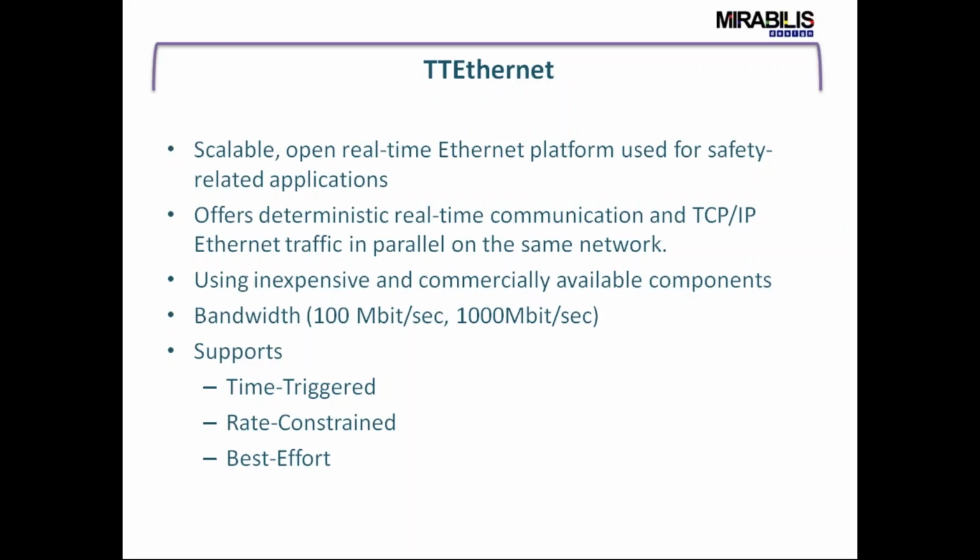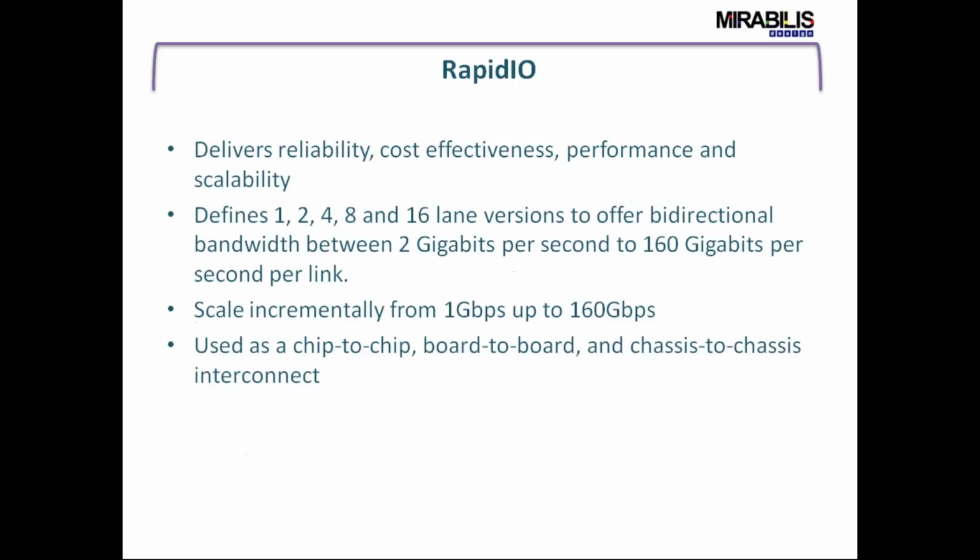But if you look at RapidIO, RapidIO offers reliability and cost effectiveness, and it provides extremely high bandwidth in the range of 1 gigabit per second to 160 gigabits per second.